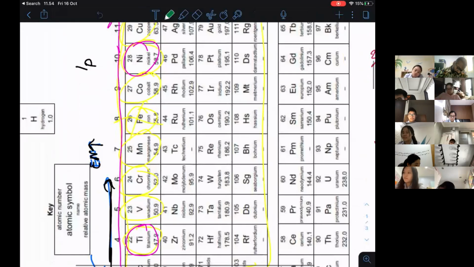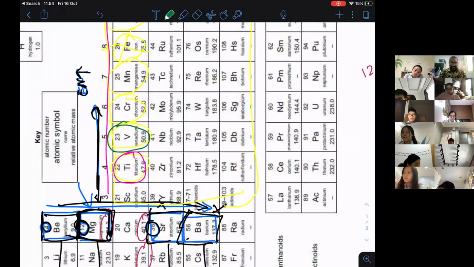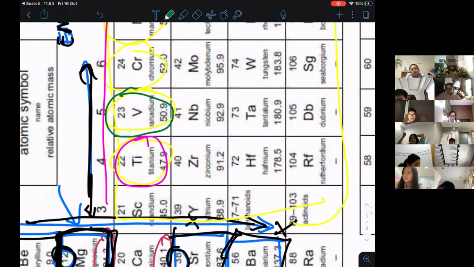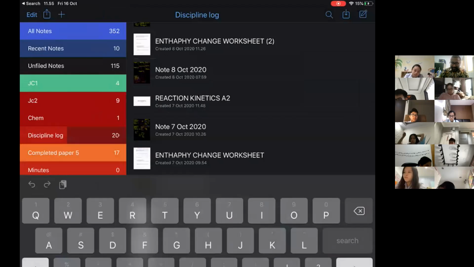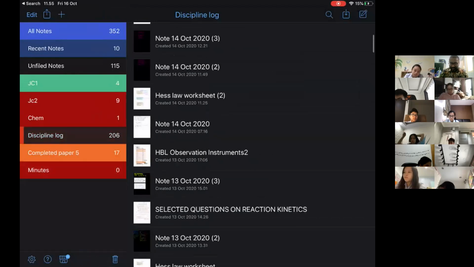This is the position of vanadium. It is under the transition element part. Do remember, when we look at the transition elements, let's look at the properties of transition elements. Let's discuss that as well.